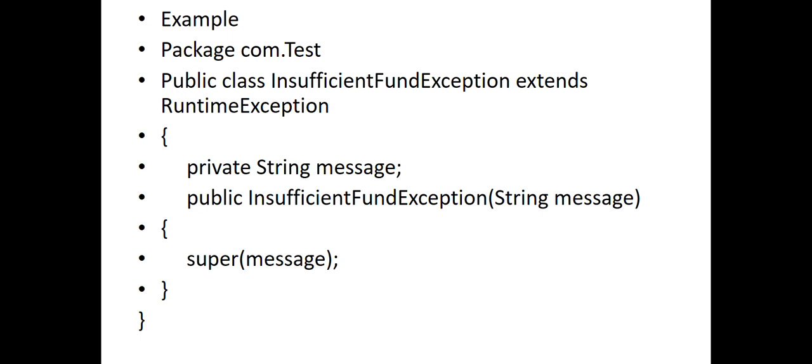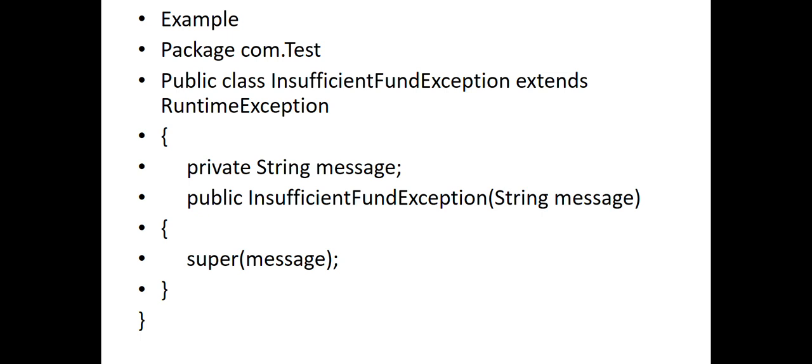I want to perform a transaction to withdraw money, but the proper balance is not available in my bank account. So it should display that your balance is insufficient. That will be shown on our monitor as an exception, because the balance is not available for whatever amount I need to withdraw.